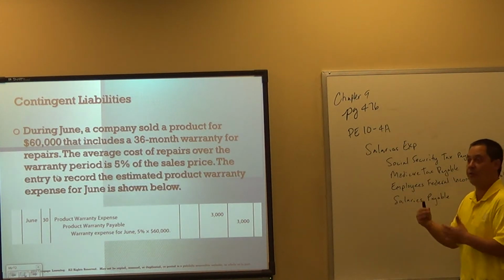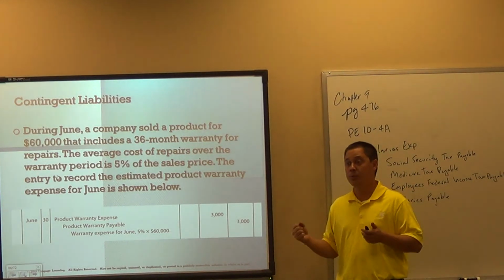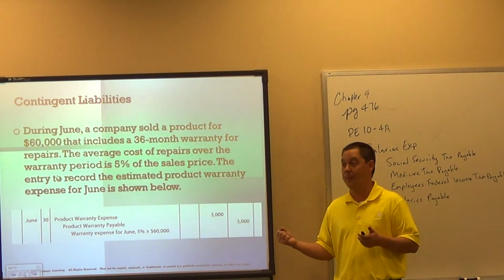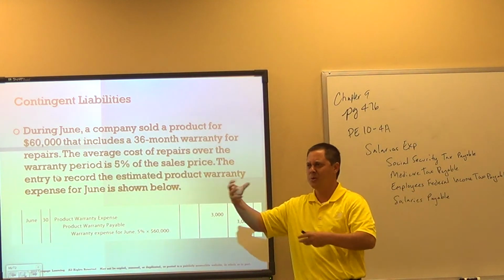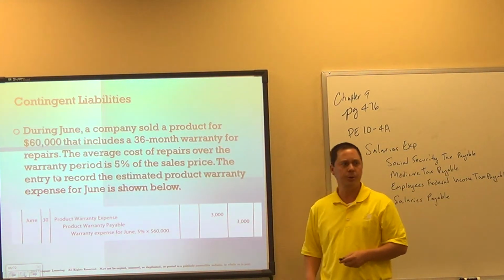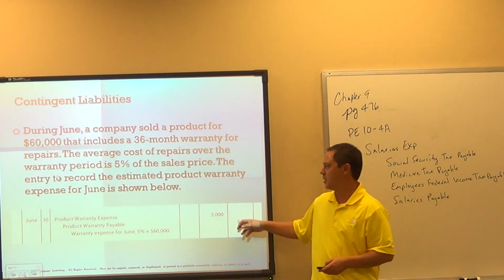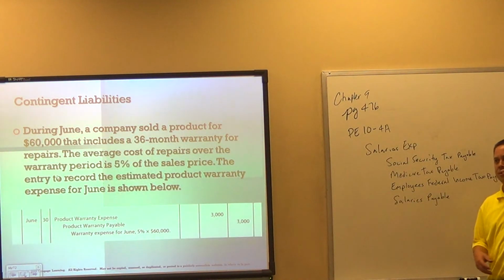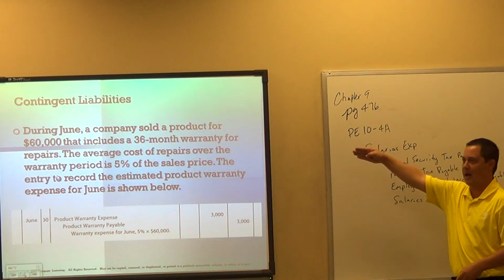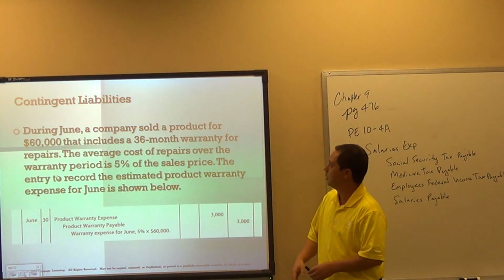We owe this out there. It's a liability. Now, maybe there's an opportunity that we don't pay this? Yeah. But we make sure that our statements show that we do have an obligation out there to potentially have to pay this. And so that's what this is here. This is our product warranty expense, because that's our expense as a part of the sale of that product.